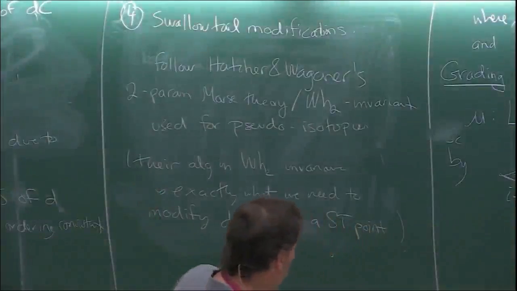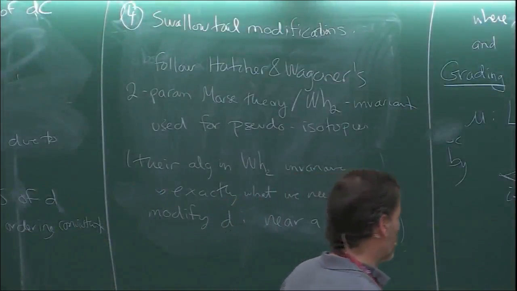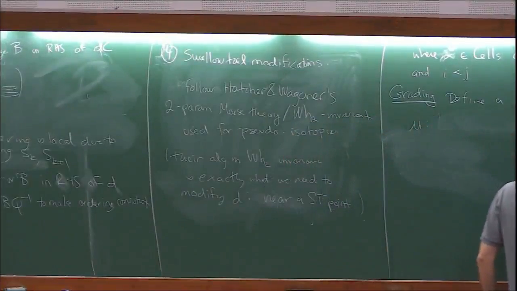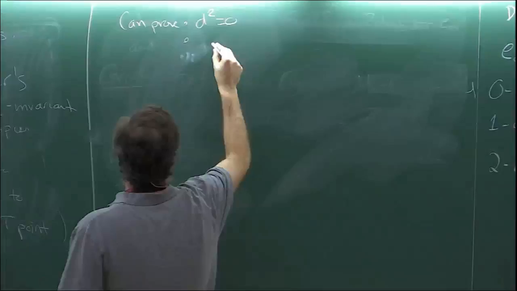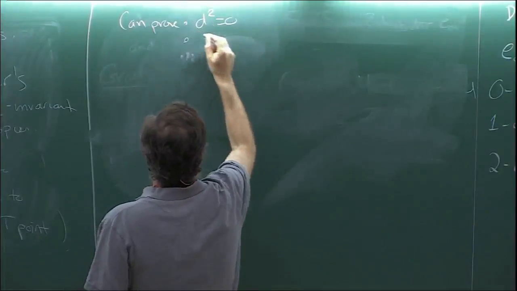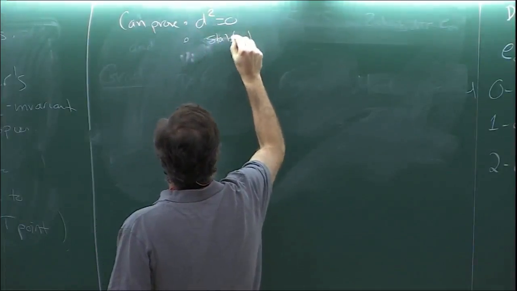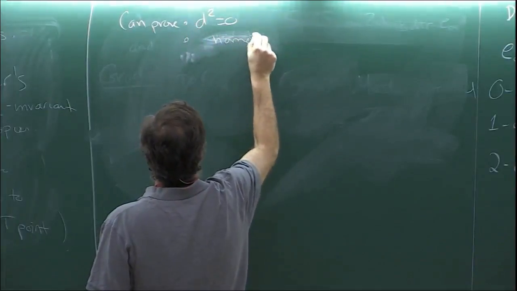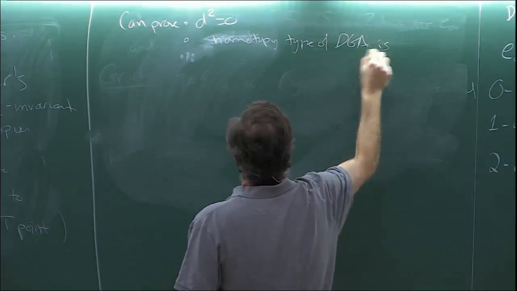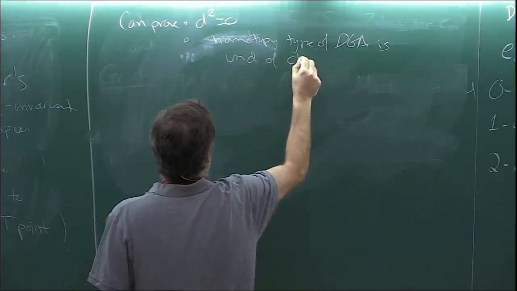All right, so we have this differential, well, I have something which is allegedly a differential, so you can actually prove that d squared equals 0, that the stable tame homotopy type of the DGA is independent of the choices that were made.